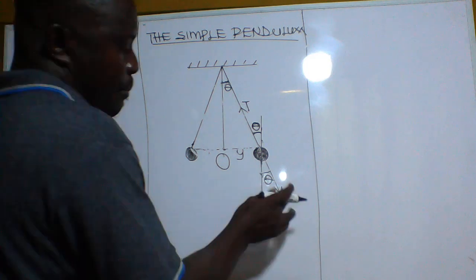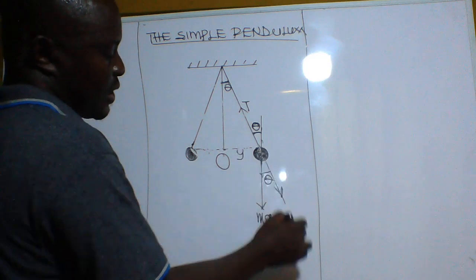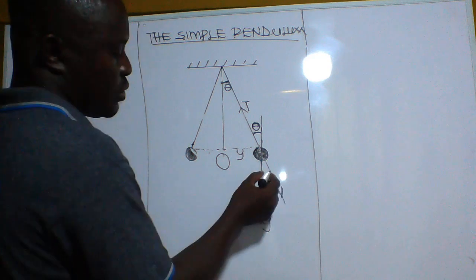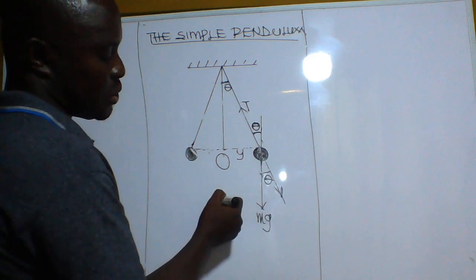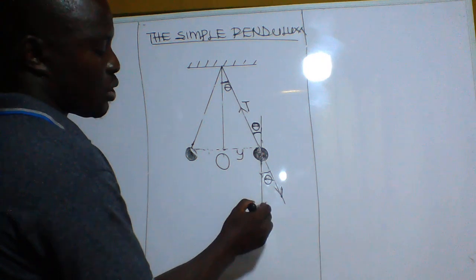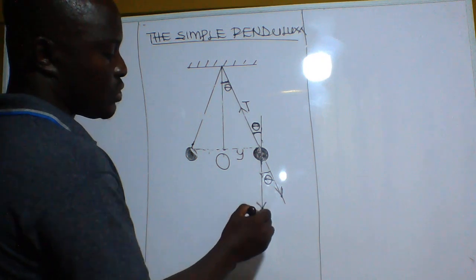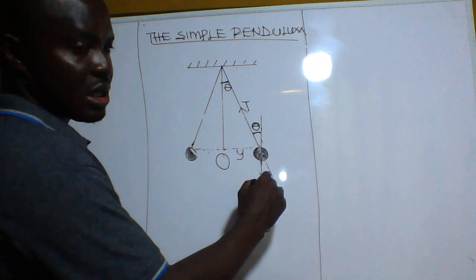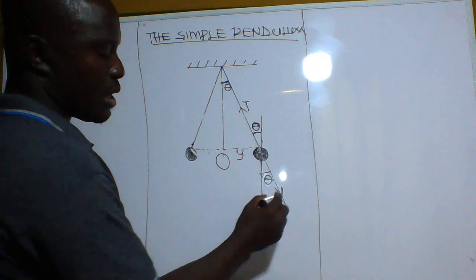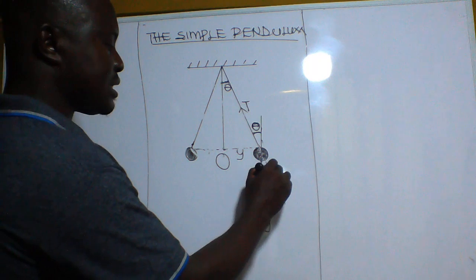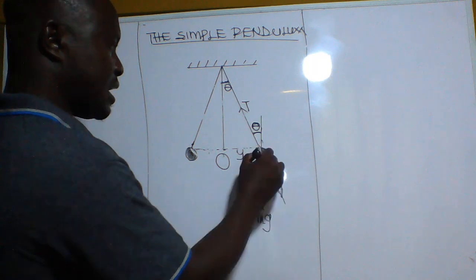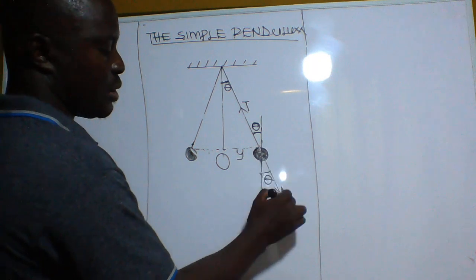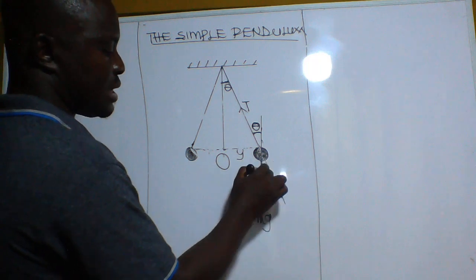But per our consideration of this vector and this vector, it looks as if the weight is skewed by this magnitude. So when we resolve to get components of this weight, because it is skewed at an angle theta, we have this side being the adjacent, a standard version of the tension, being the adjacent to the angle.